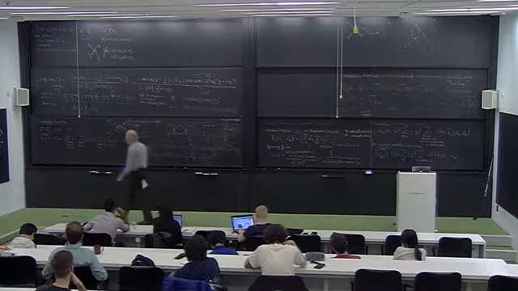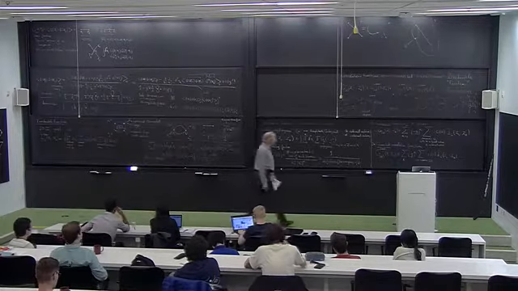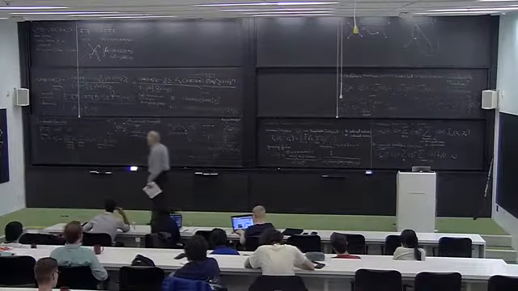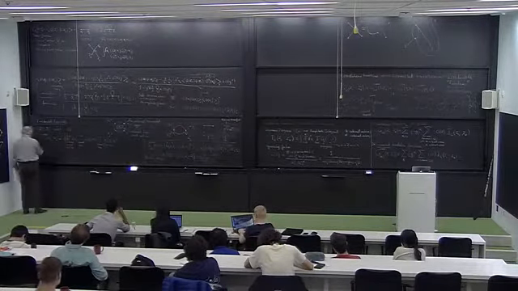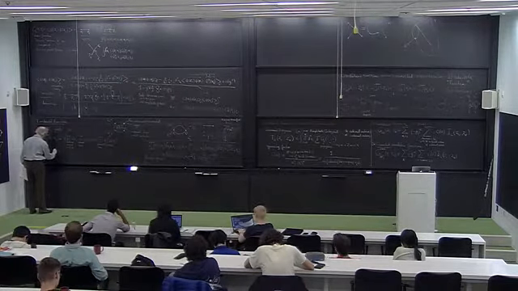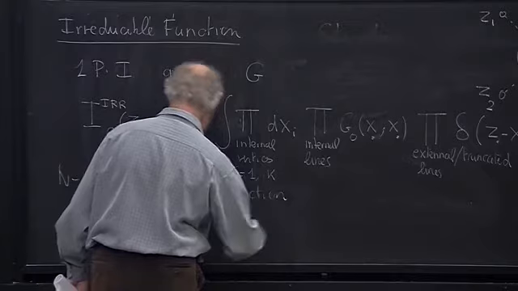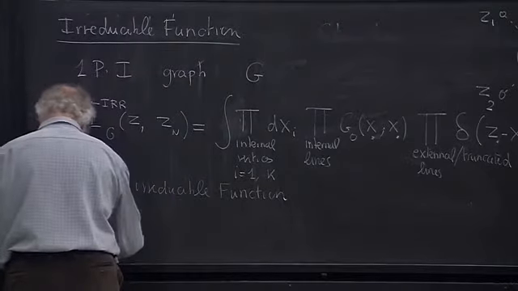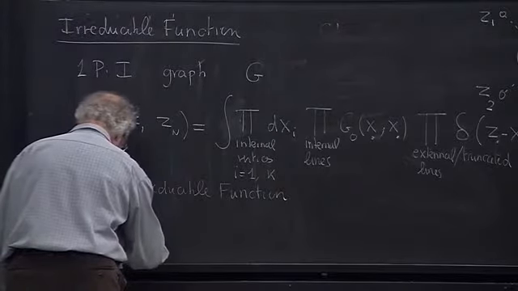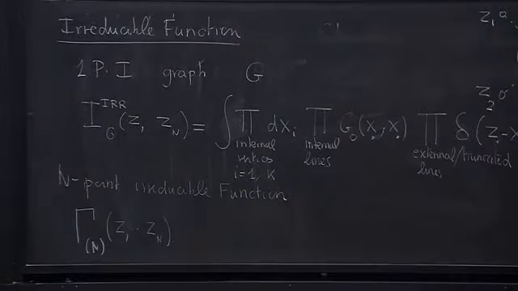Now, once we have done that, we can define an object which is an irreducible function, the endpoint irreducible function that I'm going to call gamma n, which depends on endpoints z1, zn. It's defined exactly in the same way.